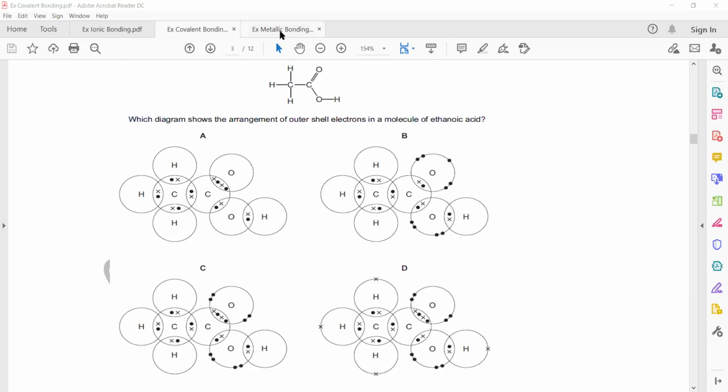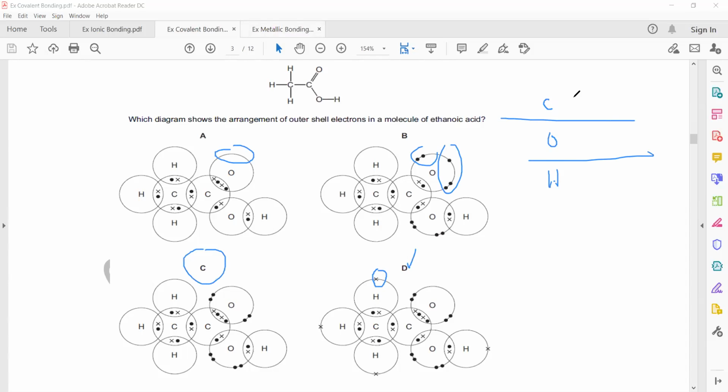Look, in this one, first you have to identify carbon, oxygen, and hydrogen. Here oxygen has 5 electrons, which is wrong. Here oxygen does not have any electrons. Here hydrogen has electrons. So C is the right answer.